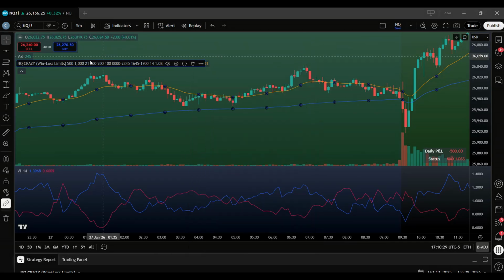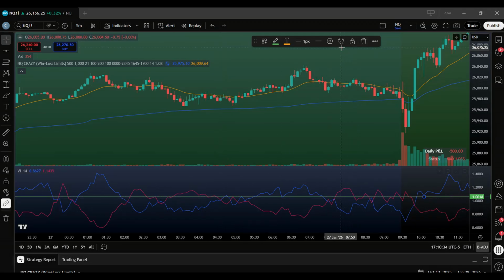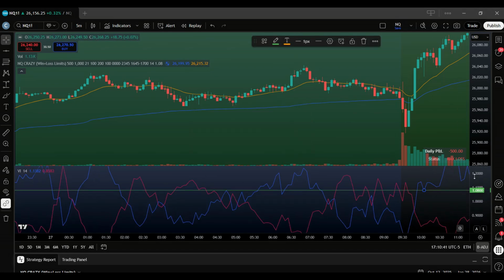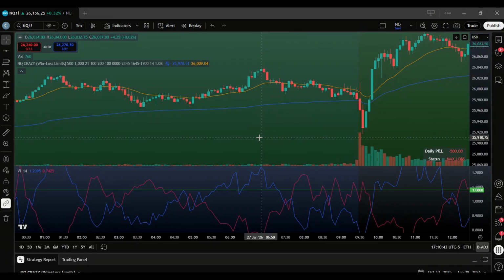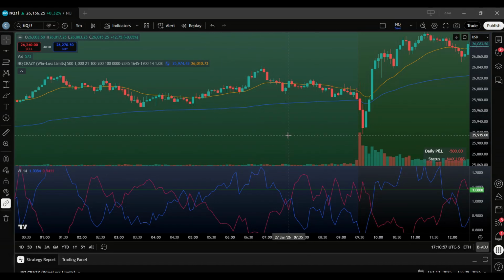So 1.08. So if I just put a line on there, it says 1.08. We can see that now. Look. Okay, it will only enter a long position if the blue line's above the threshold. If the pink line's above the threshold, it's thinking about shorts, or if the EMA is below VWAP, and so on.